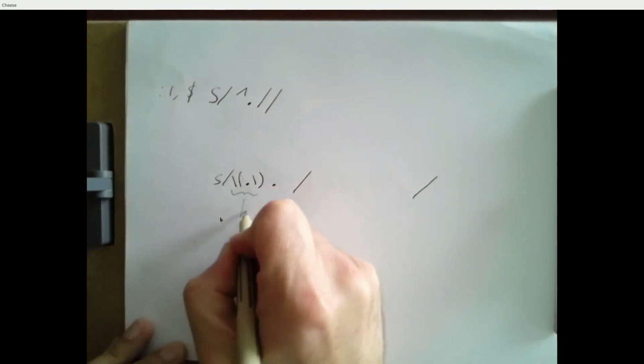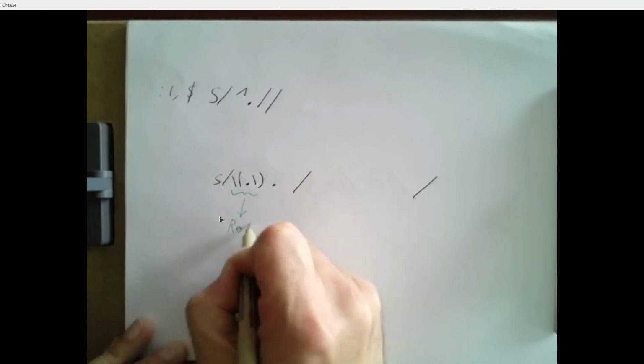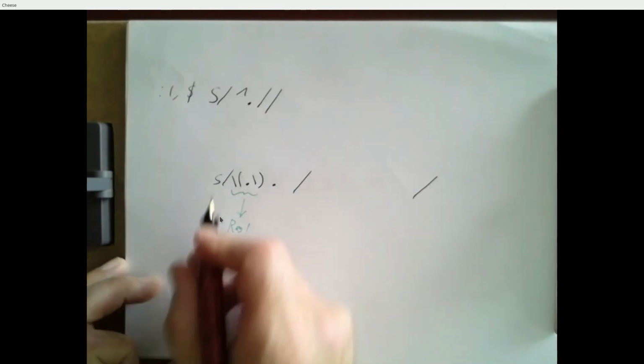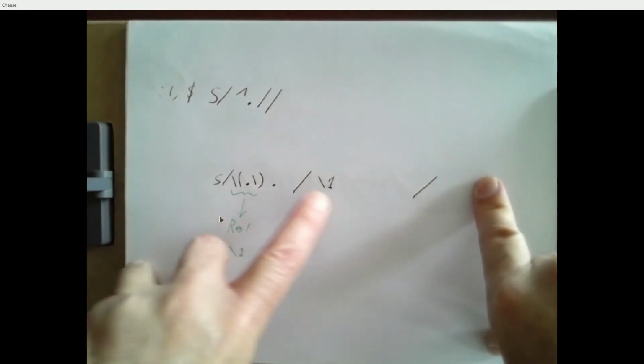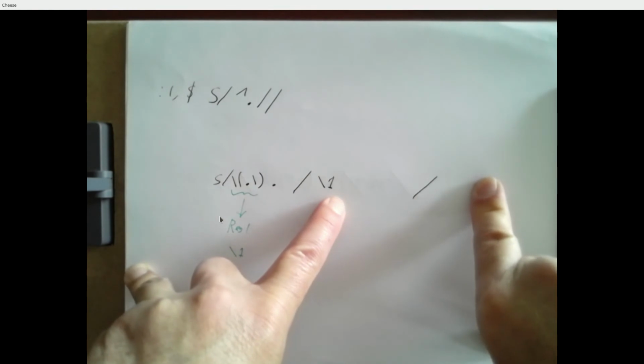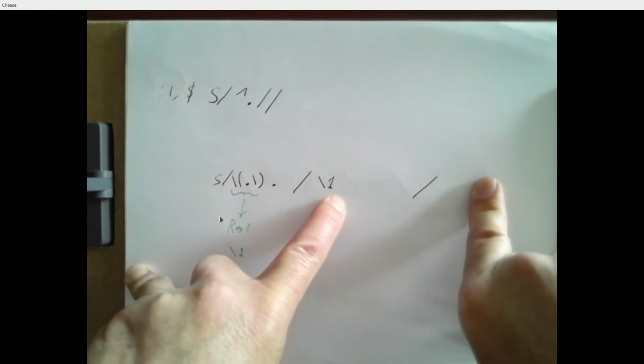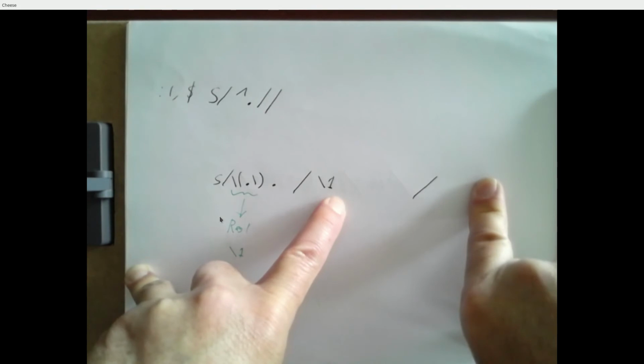So when we do this, whatever this matches goes into register 1, which we can get to by saying \1. So if we replace this with \1, this says take the first two characters, replace them with the first character, which effectively gets rid of the second character.